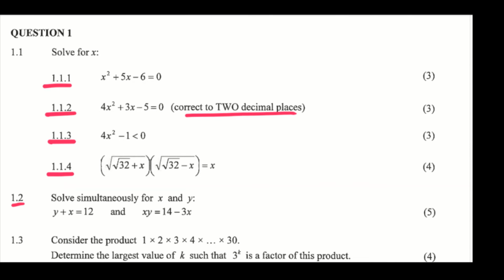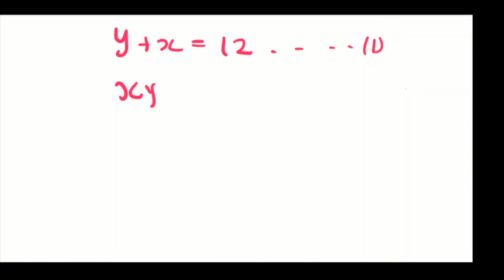Now we're going to do 1.2, where we are asked to solve for x and y for these two equations here. We're having y plus x equals 12, and we can say this is our equation 1, and xy equals 14 minus 3x being equation 2, right?